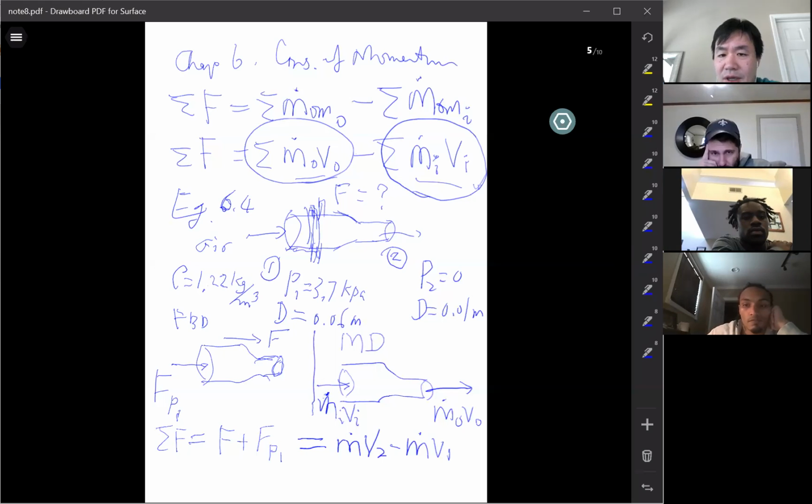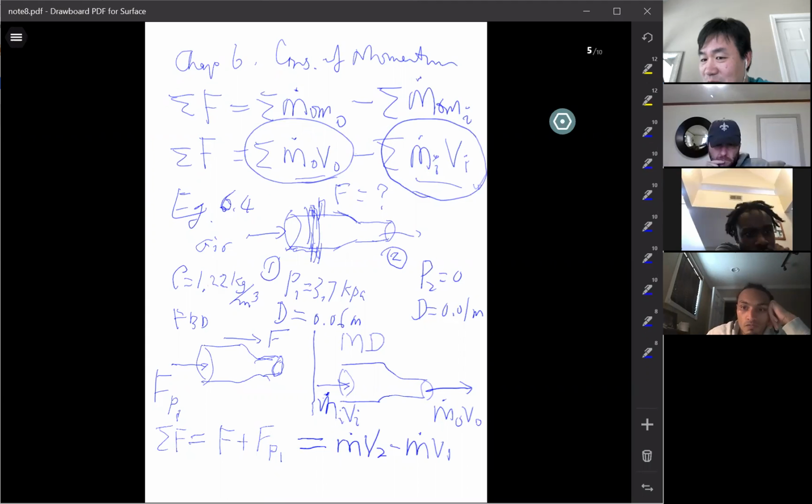Each of the terms could be positive and it could be negative, depending on the direction you draw on your momentum diagram. It could be negative if the flow is in the opposite direction. It's possible if you have an additional flow into the system. It really depends on the direction of your velocity.